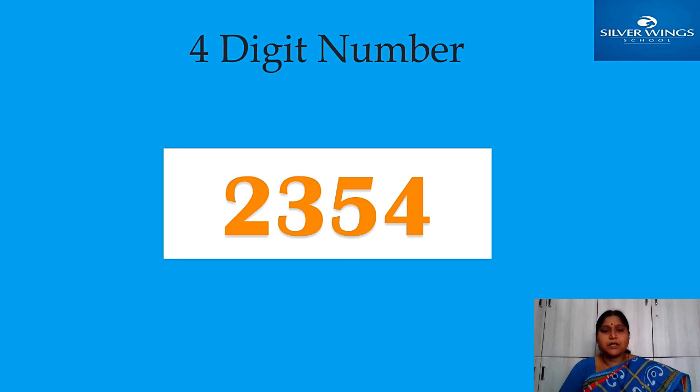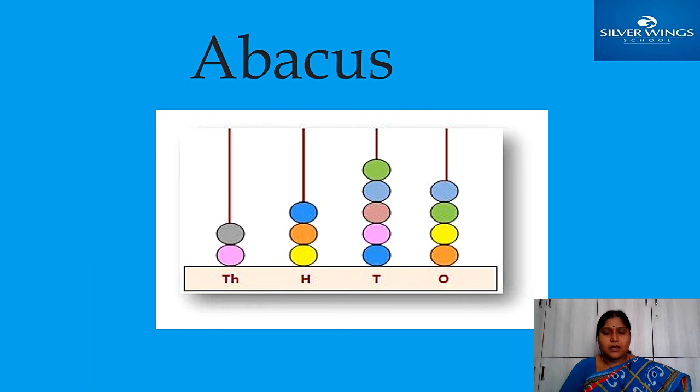I am reading the number 2354. Here is the abacus for that number. I will read from right to left. 4 is in ones place, 5 is in tens place, 3 is in hundreds place, 2 is in thousands place. If an abacus is given, you count the beads and write the number.